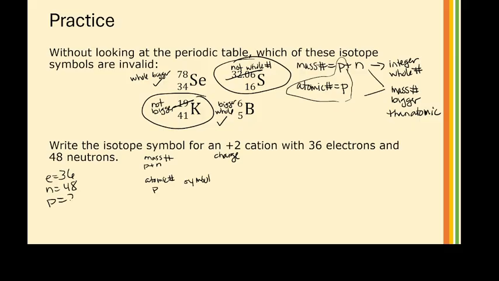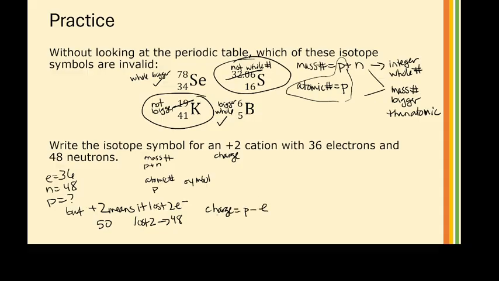I don't know the protons, but I know that +2 means it lost 2 electrons. So it lost 2 to get to 48, which means originally it was 50. Or if talking it through is tricky, I could say that the charge is equal to the protons minus the electrons. I know +2 equals P minus 36.